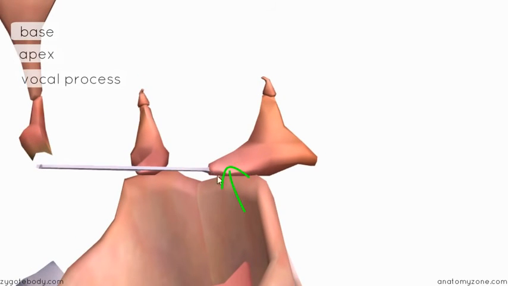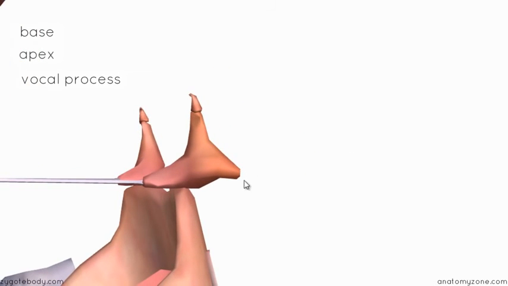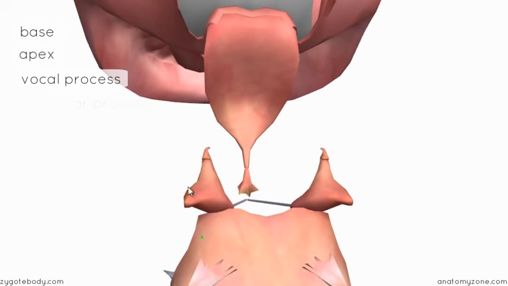This is called the vocal process, which serves as the point of attachment for the vocal ligament, which is shown on this model here. And then you've got this process sticking out posteriorly and laterally. I'll just rotate it around to the back, and you can see this process, which is called the muscular process. And this serves as the attachment for the posterior and lateral cricoarytenoid muscles.